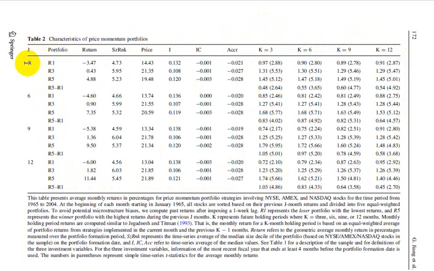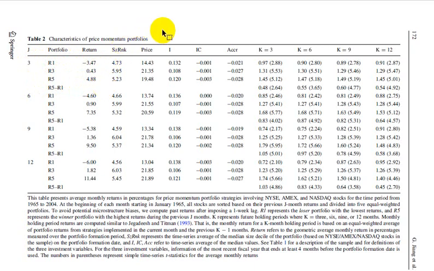Now for each of the formation periods, 3, 6, 9, and 12, they've sorted the portfolios from the lowest returning over the past 3 months all the way to the highest returning over the past 3 months, so R1, R2, R3, R4, and R5.